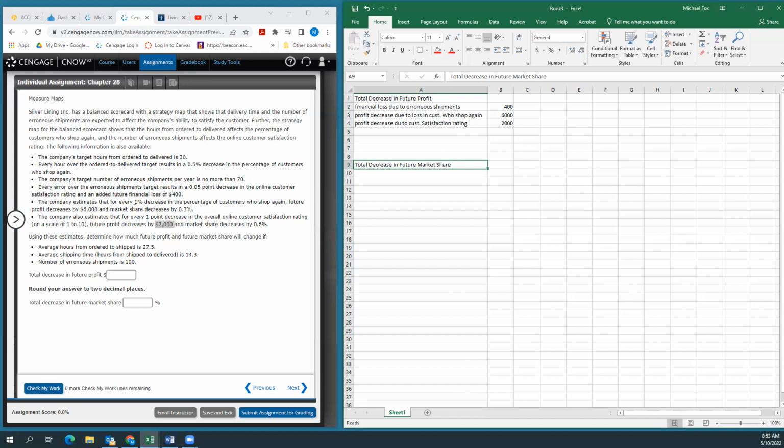The company estimates that for every 1% decrease in the percentage of customers who shop again, future profit decreases by 6,000 and market share decreases by 0.3%. So I'm going to call this market share decrease due to loss in customers who shop again.